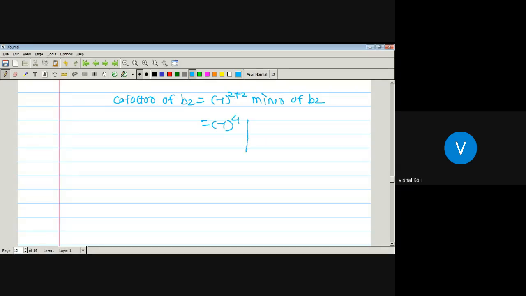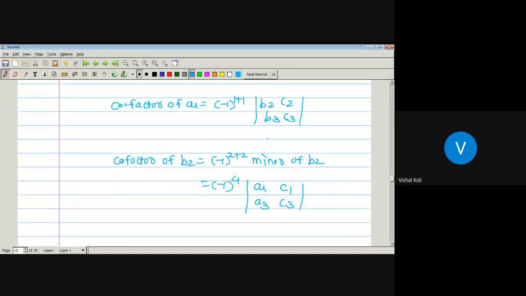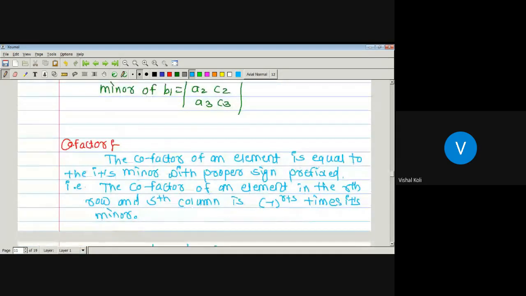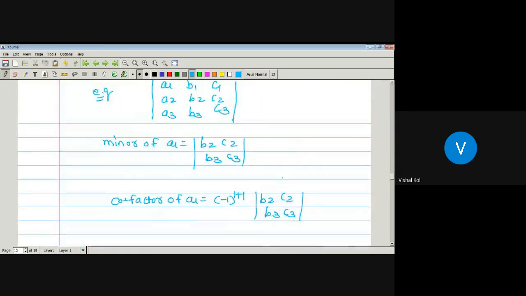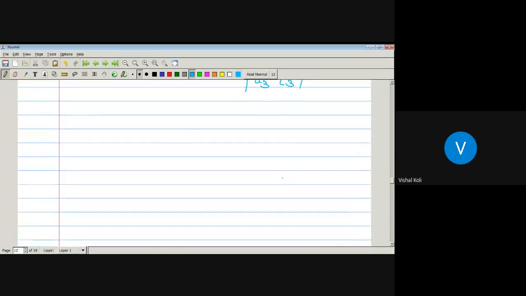Minor of B2 is nothing but, B2 is present in second row and second column, so it is A1, C1 and A3, C3. Okay. In this way, we can find out the cofactor of any element of a given determinant. Okay. Up to now, any doubt?